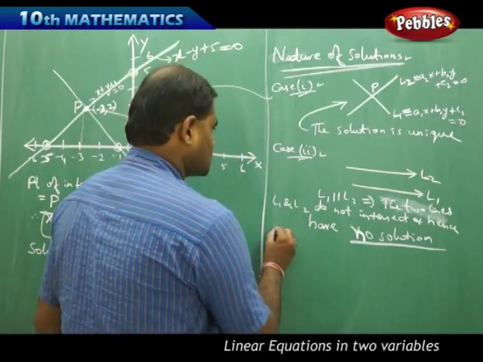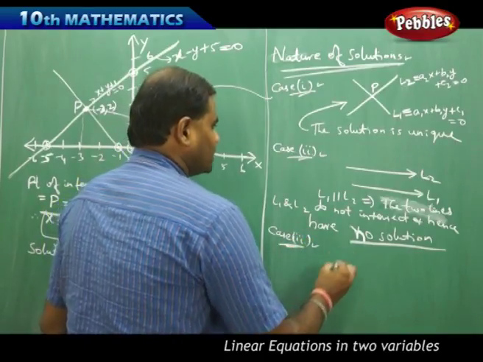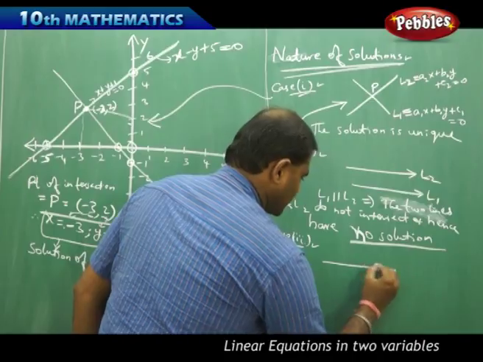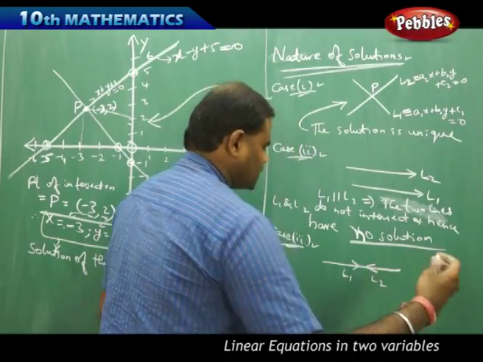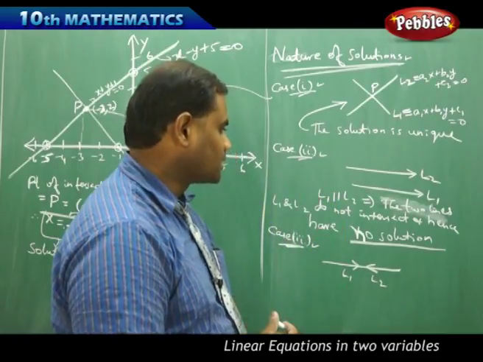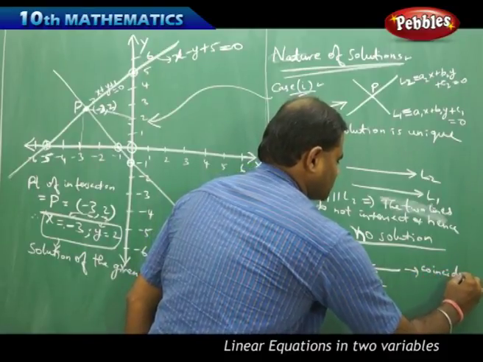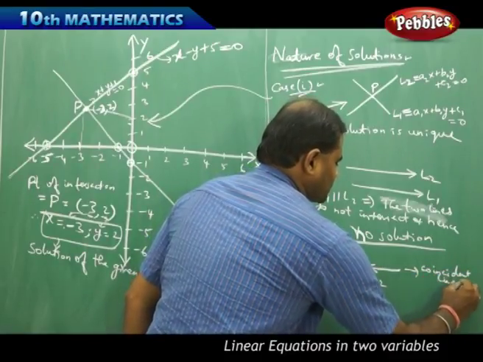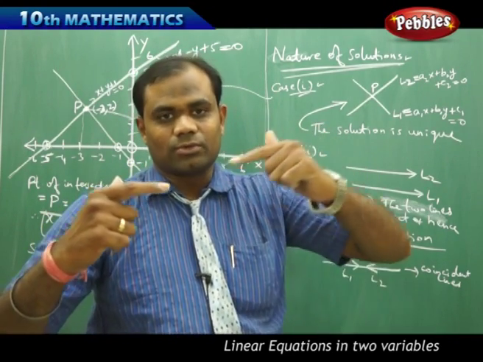Now the next is case 3, where there is a possibility that the line L1 and the line L2 coincide, one over the other. Such lines are called coincident lines. In case of coincident lines, we see that one line passes through another line.